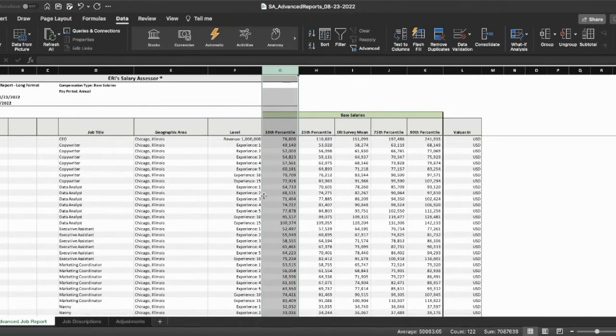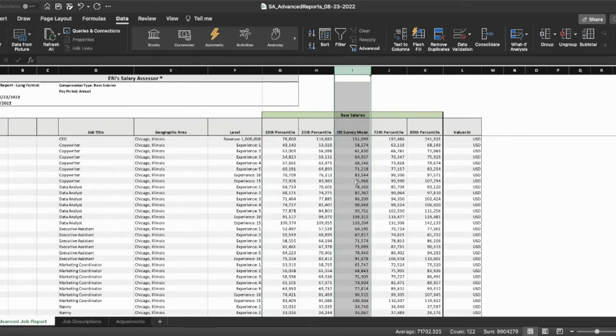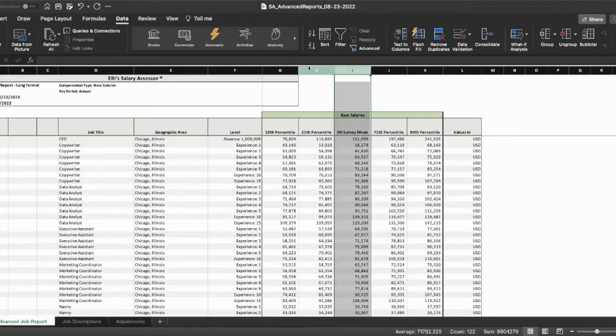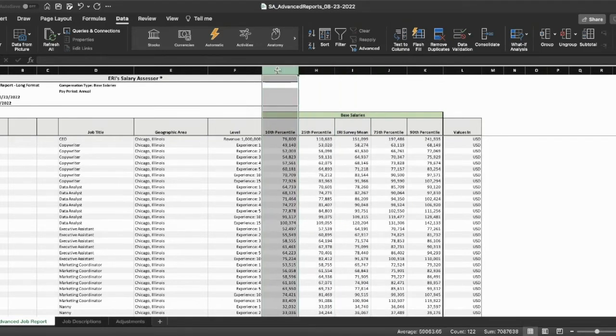That does not mean that you necessarily need to shoot for the 10th percentile. If you're making under $500,000 of revenue, you could decide that your pay strategy is that you want to pay the mean or above the mean. It just depends on the affordability of different positions that are being added to your organization, what those positions are doing, and where you want to put yourself in the market.